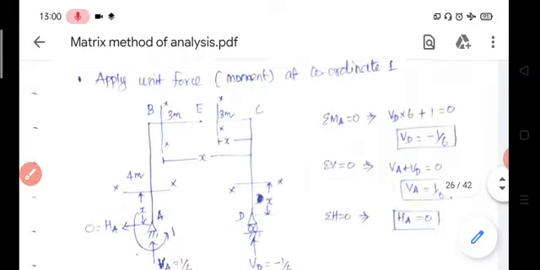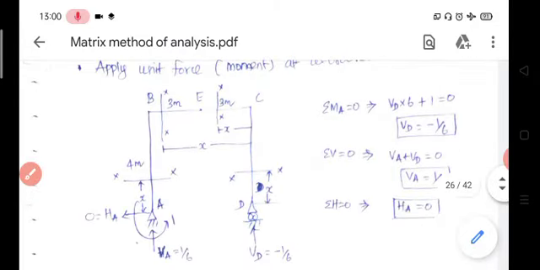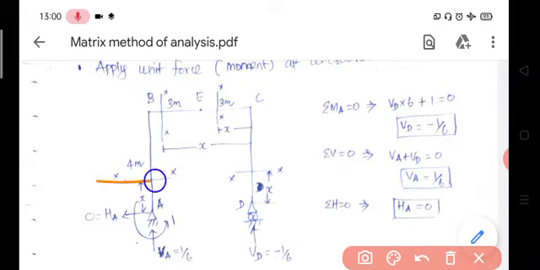Then finally, for AB portion, let us consider section XX, which is x distance from A. Origin of this portion of column is A, limit varies between 0 to 4, at A x is equal to 0, at B x is equal to 4.